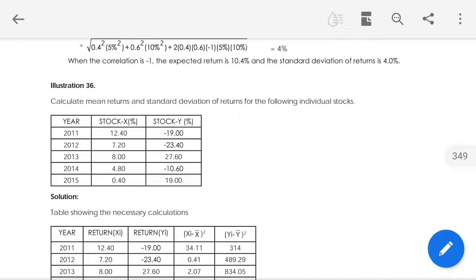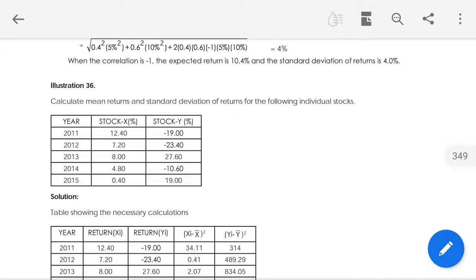So from these details, we have to calculate the mean of returns and standard deviation. Mean will be represented as X with a bar on top, and mean is nothing but the average return for these 5 years. Standard deviation is represented with sigma.